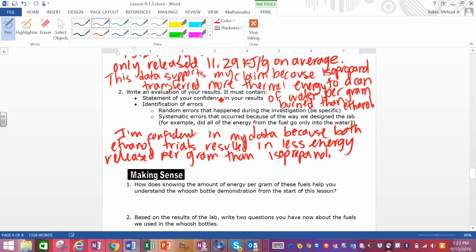A random error that I saw when I was doing this was the wicks were sometimes different widths. It was hard to keep things at a consistent height. Wicks weren't consistent. So this could lead to error because maybe you would accidentally have the wick for ethanol a little bit closer than the wick for isopropanol.